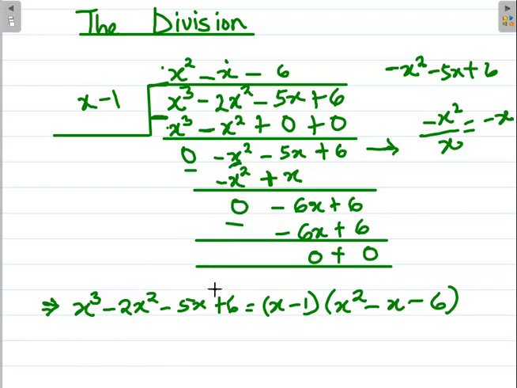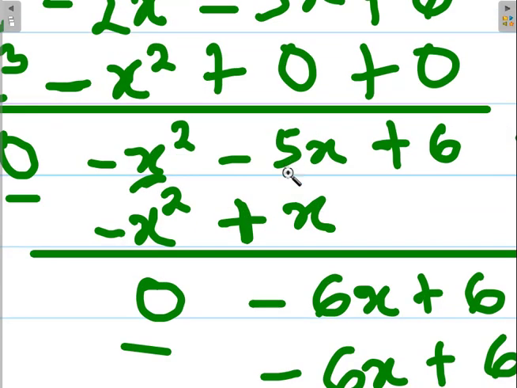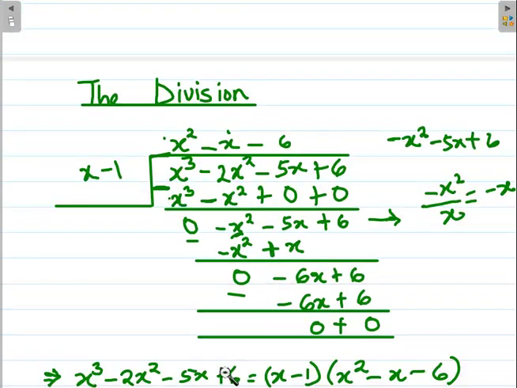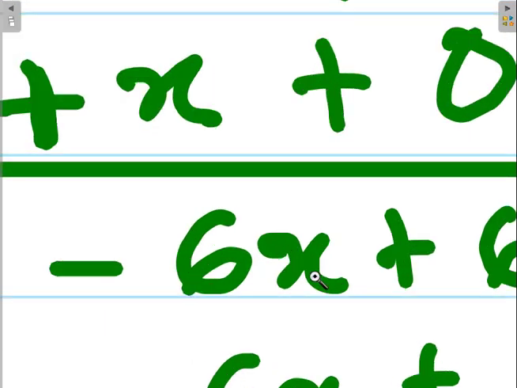Then you come to this next term. We say, okay, minus 5x minus plus x, and we get minus 6x. Then this other one is like saying plus 0 here. 6 minus 0 is 6. That's why we're able to get this expression here.